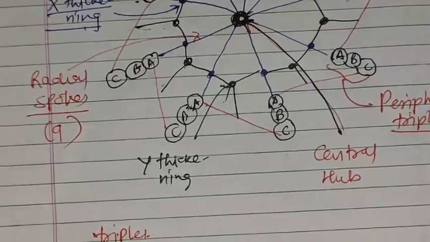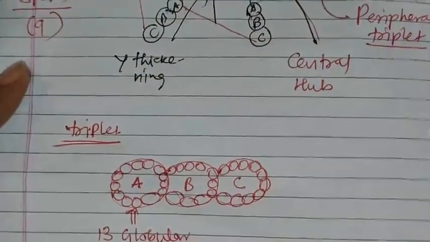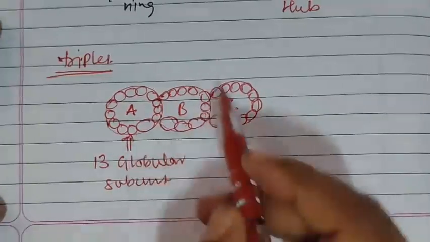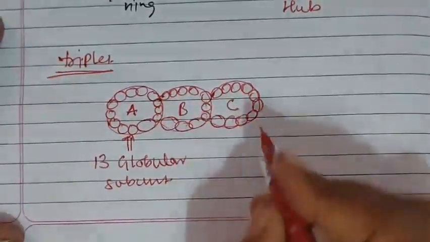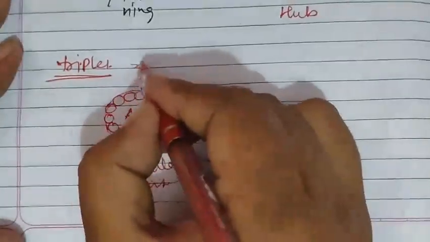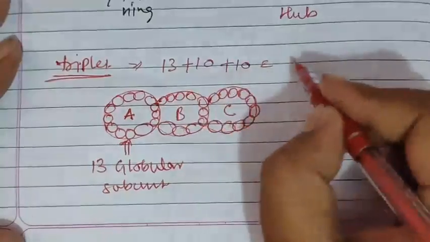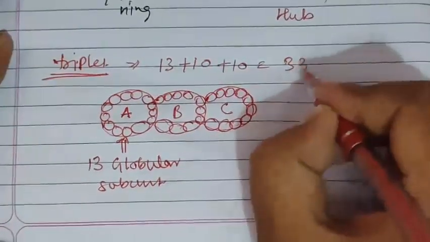And in such a way C is linked. So total microtubules, here you can see in this diagram, this A has 13 protofilaments, 13 globular subunits, then this is 10, this is 10. Why? Because 3 are common. So total in the triplet are 13 plus 10 plus 10, so it becomes 33.